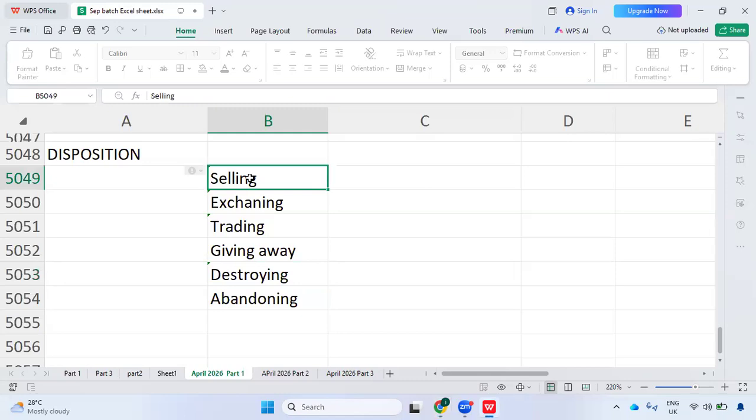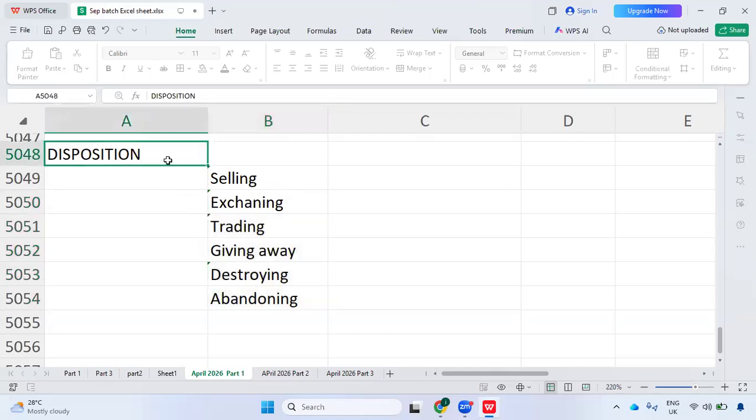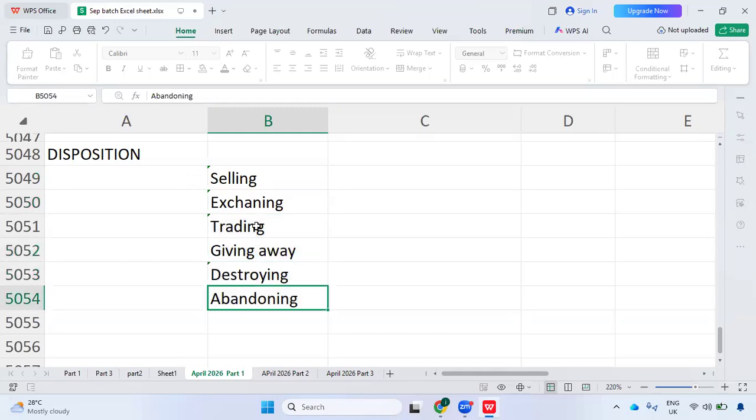If a taxpayer is selling a property, then whatever gain he has, he needs to pay taxes on it. If the definition included only sale, they might use other ways to evade the taxes. The IRS also knows what ways taxpayers can use not to pay taxes, so the IRS closes the loopholes. So they introduced disposition: selling, exchanging, trading, giveaway, destroying, or abandoning.